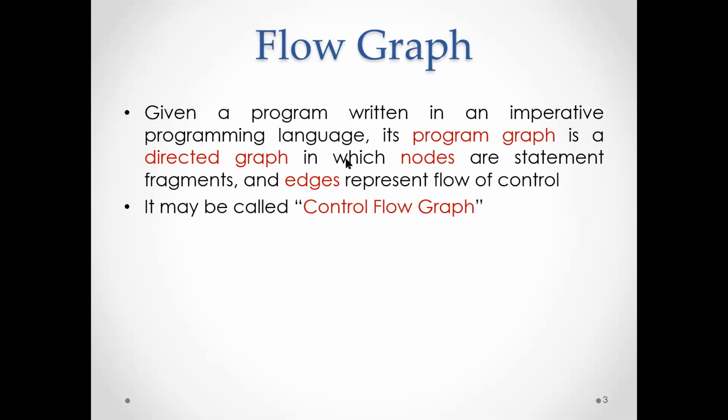So this is your program graph. In it, nodes are statement fragments and edges represent the flow of control. That means from the first statement, where should it go? It should go to the second or third statement, or if you have a label saying go to that label, then it will jump there.